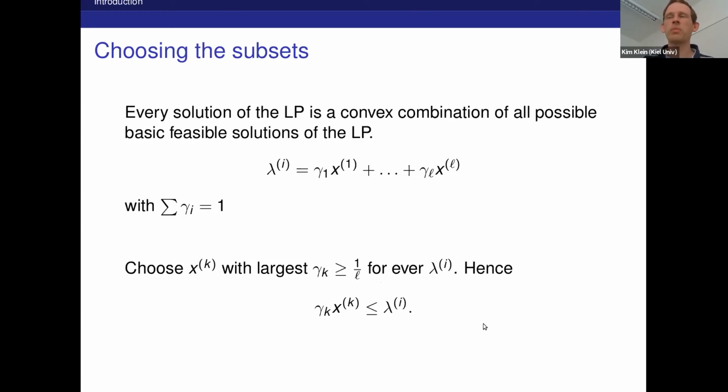So if you think back to the one-dimensional case, there we just picked one number of our set as a subset. This is now equivalent to picking one basis of the convex combination. So the generalization to the higher dimensional case is not considering vectors, but considering bases of our LP. And then it also makes sense to think of the least common multiple.